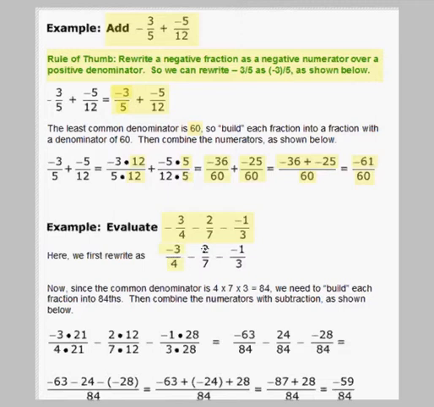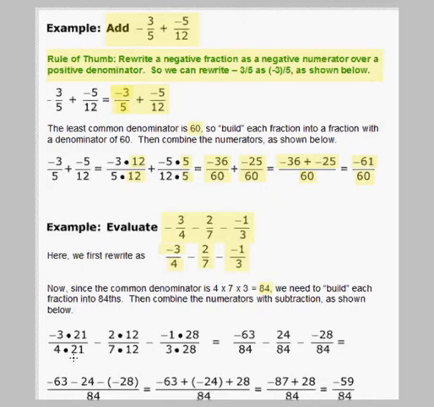So we have -3 over 4 minus 2 over 7 minus a -1 over 3. Now we have to find a common denominator. We look at our largest denominator, 7, and start taking multiples of it: 7 times 1, times 2, times 3. And we have to go all the way up to 7 times 12 to get a common denominator of 84, and that happens to be our least common denominator.